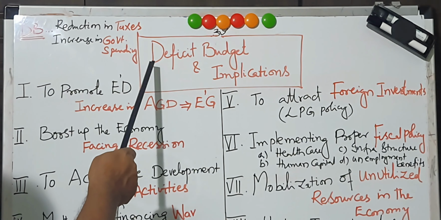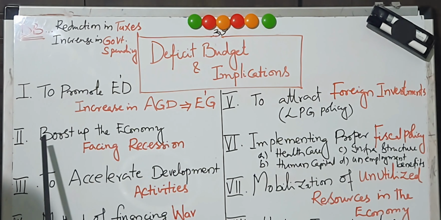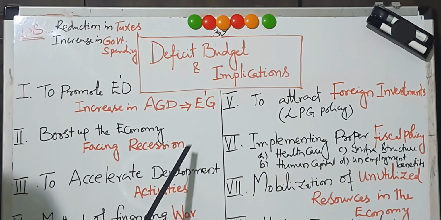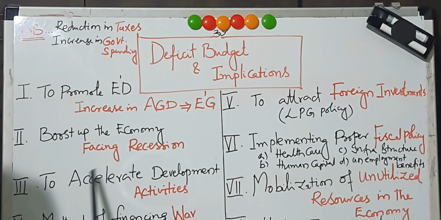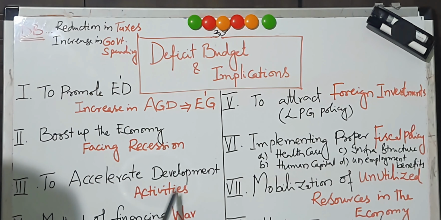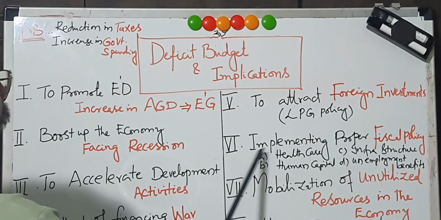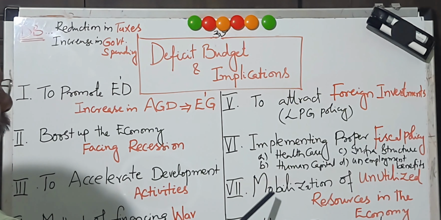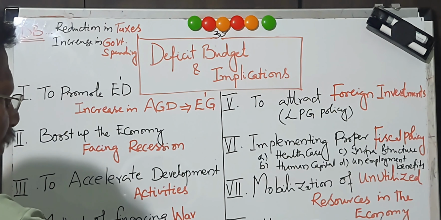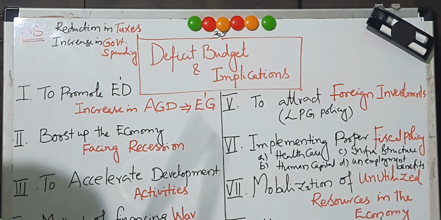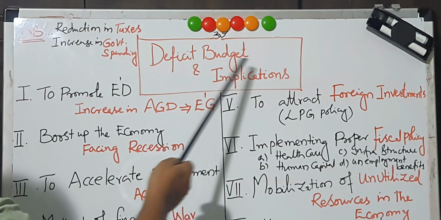So the deficit budget and its implications: to promote economic development, increase the aggregate demand, boost up the economy facing recession, accelerate developmental activities, method of financing war, attract foreign investors, implement proper fiscal policy, mobilization of unutilized resources, higher interest rates, and government bond yields. These are all the elements involved in the implications of deficit budget.